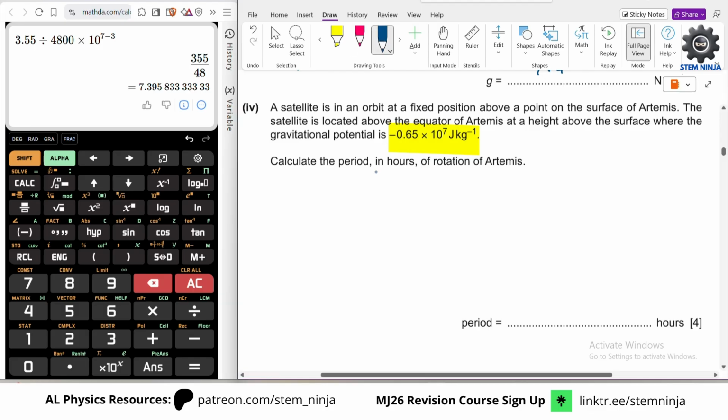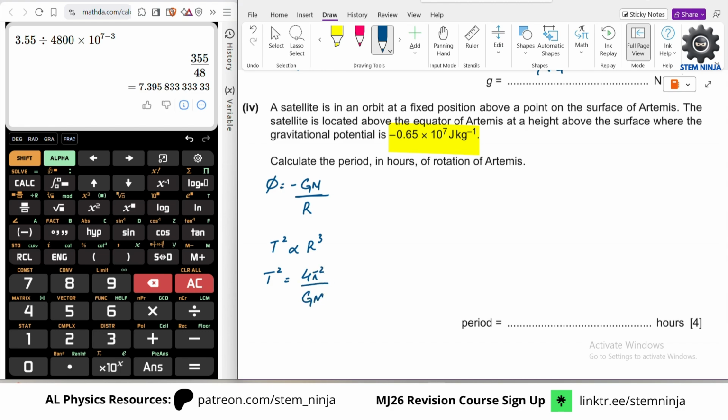So, first off, we know that phi is basically minus GM over r, where r is the radius of the orbit. However, we don't know r, because the relationship between the time period and r cubed is T squared equals 4 pi squared over GM times r cubed. We don't know that.